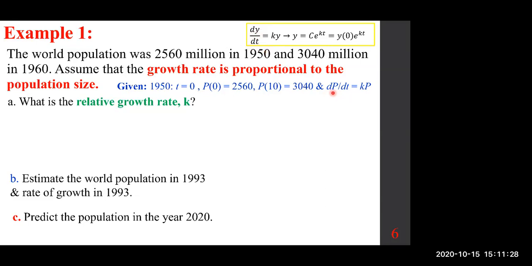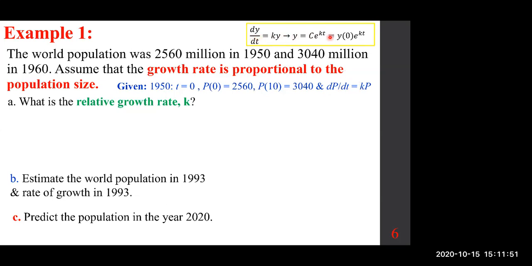Over here, the dependent variable is P, the population. Now, can you use y? Of course, let y represent the population. It is absolutely your choice. If y represents the population, you have the same formula here. If capital P represents the population, you use dP/dt. So, in essence, dP/dt is kP.